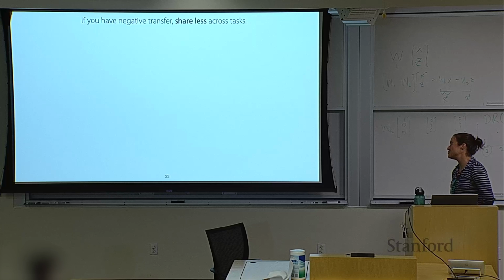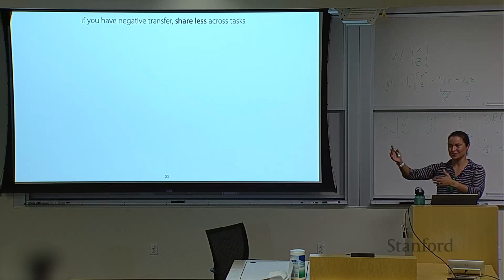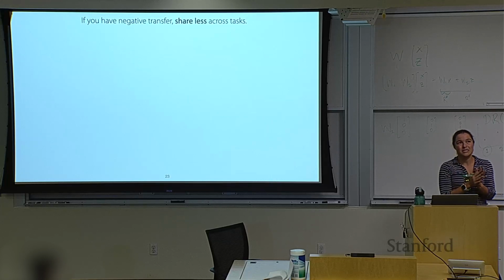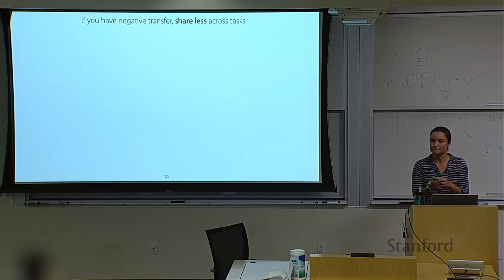Ideally, it'd be awesome if you could just have a description of each of the tasks, and then something that tells you whether these are going to work well together or not. Unfortunately, I think that something like that is nearly impossible because it's not just going to depend on what the task is, but also the nature of the data set, the nature of the model that you're training, potentially also the nature of the optimizer as well. So in general, these sorts of things are very hard to tell a priori.